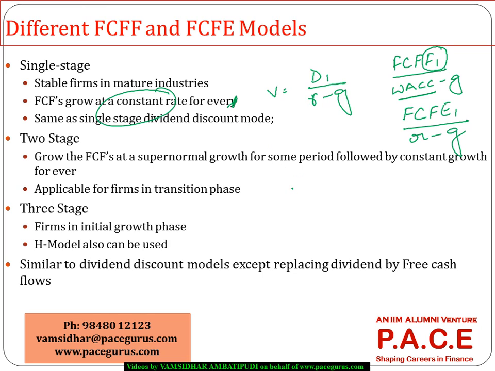But again, just like the way we are handling a dividend discount model, if I am assuming that the FCFFs or FCFEs are going to grow at some higher rate for the next few years, because the firm is not a matured firm, it could be in the initial or transition kind of phases.